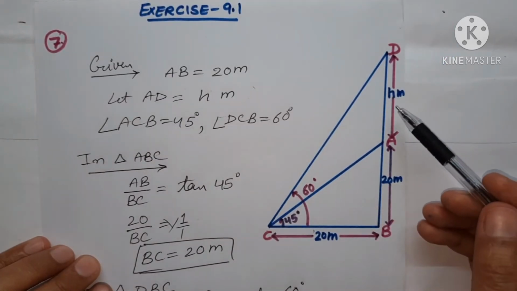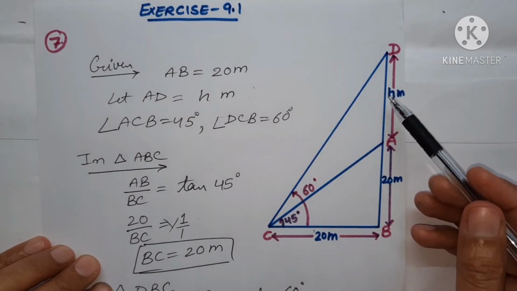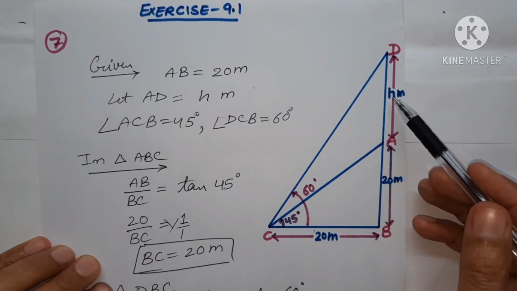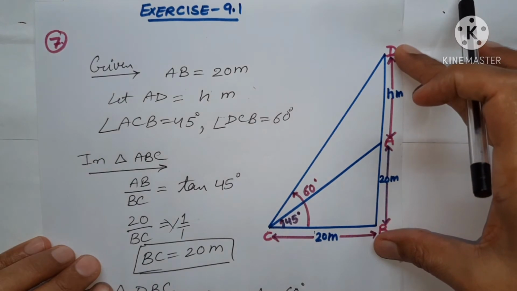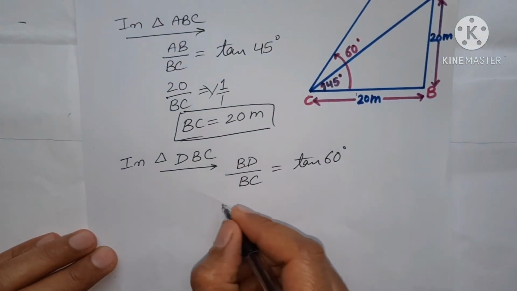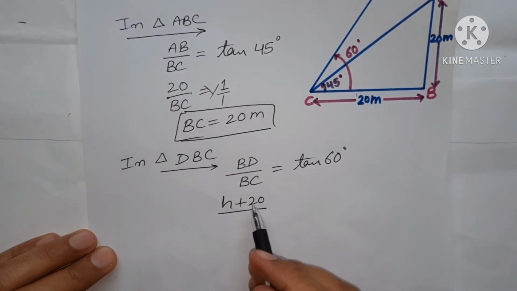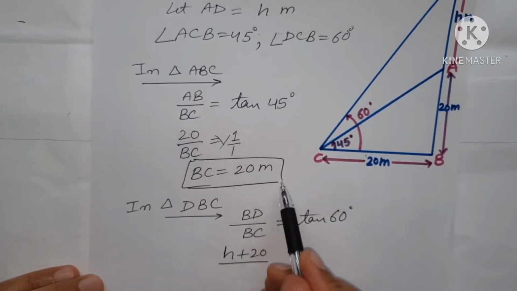BD is the combination of these two, height of the building plus height of the tower. Height of the tower is h and height of the building is 20. So h plus 20 is the total height of this triangle. So BD is h plus 20 upon BC. BC we know from this triangle is 20.